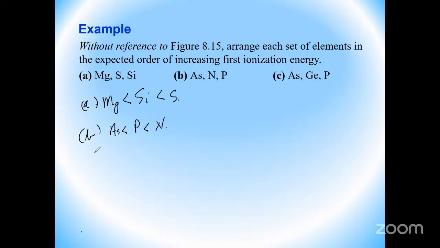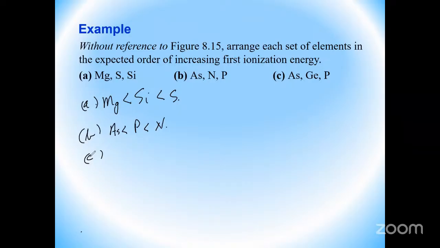Okay, very good. And then the last one, C, they gave you arsenic, germanium, and phosphorus. Based on what I see here in front of me, germanium is to the left of arsenic and phosphorus is above arsenic, right?